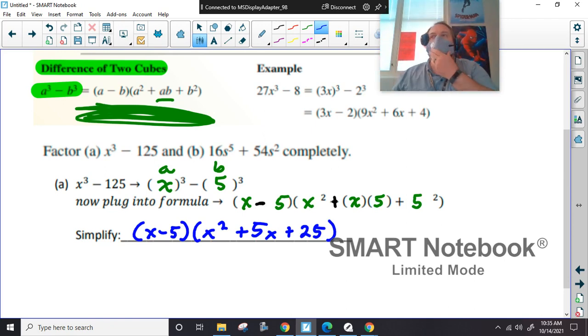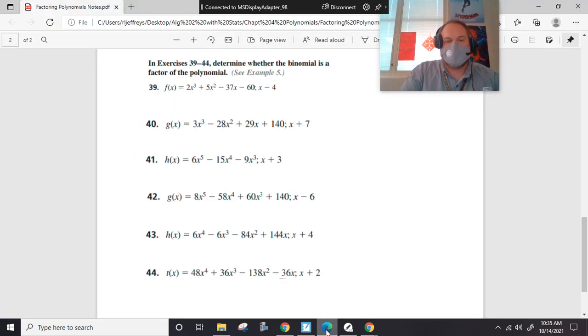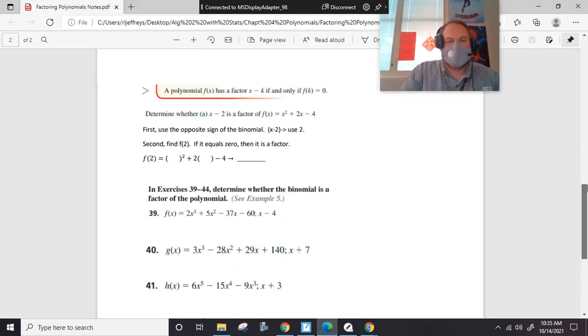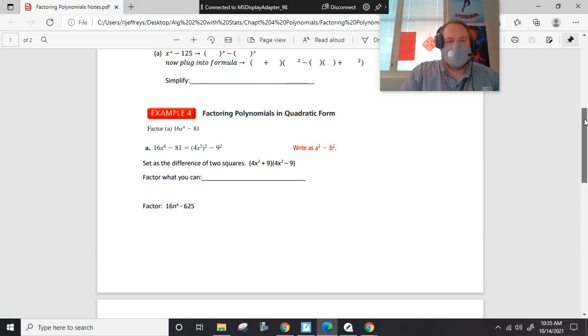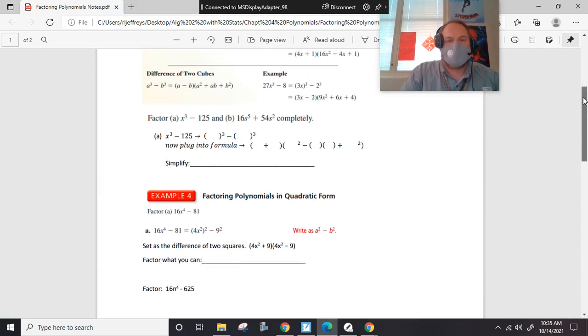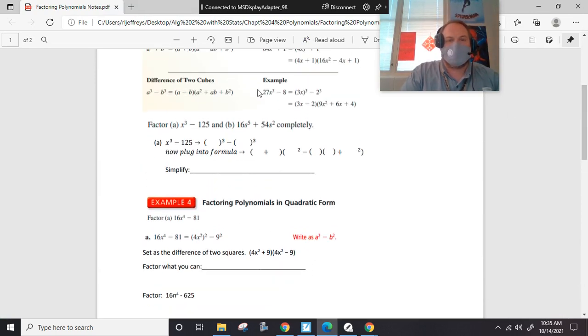Now, I know I had the B on there. The B wasn't supposed to be covered because I don't think I had it on the handout. Let me double check. No, I didn't. That was not supposed to be up there. So y'all mark out the B. We could do it if you want to. Y'all want to?